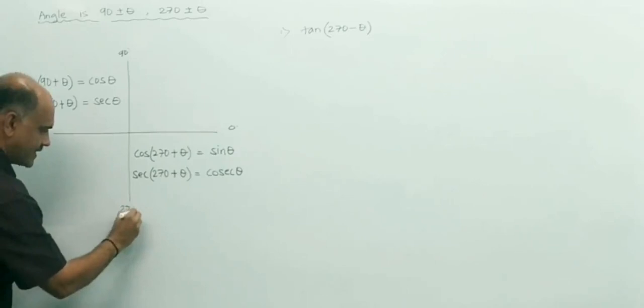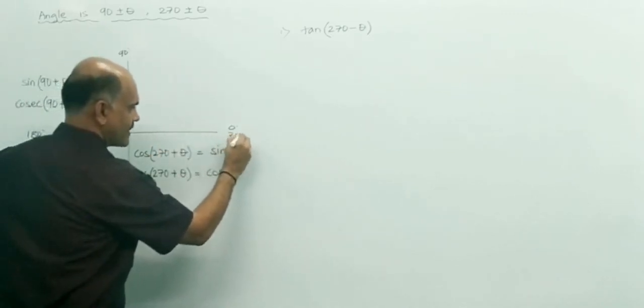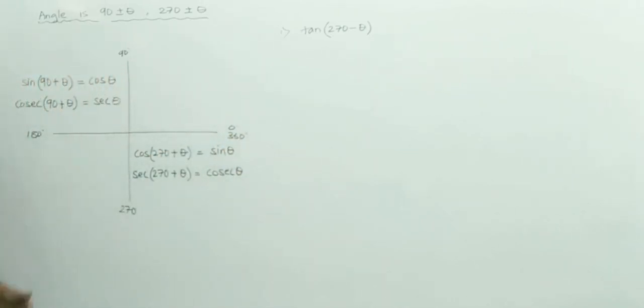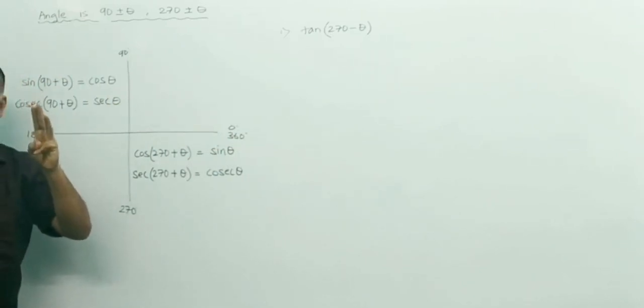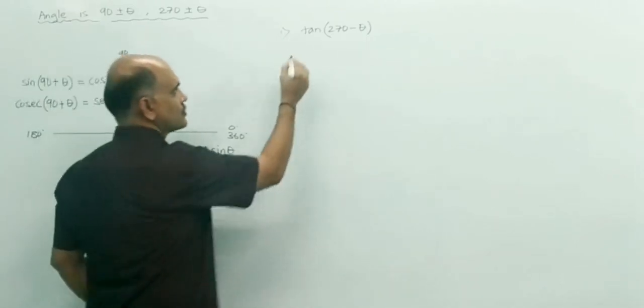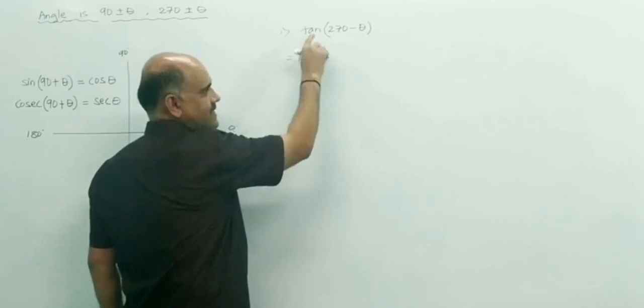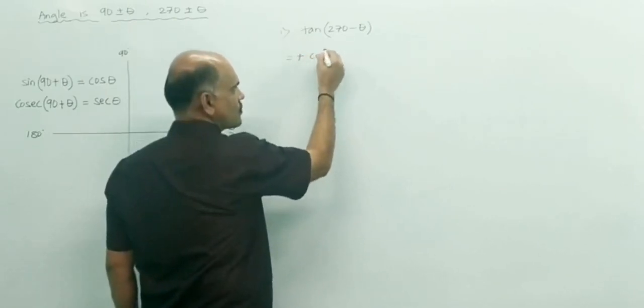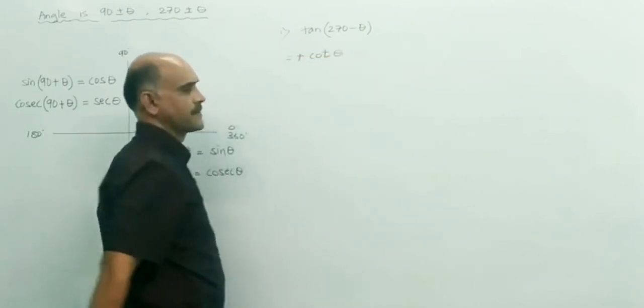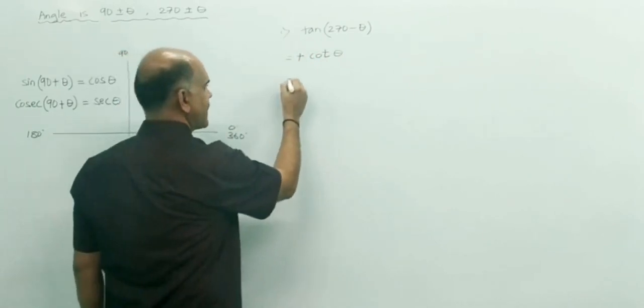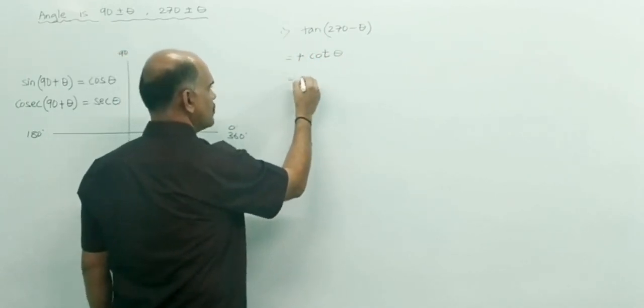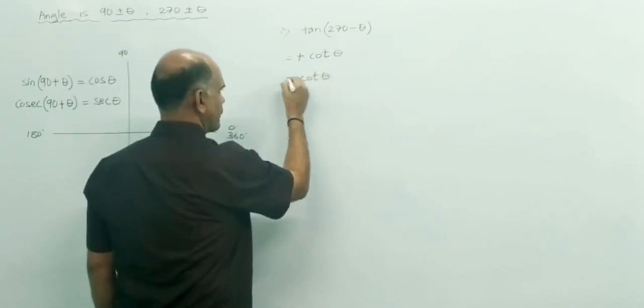Here 270. Again if you come here you will have 360. So 270 minus means in third quadrant. In third quadrant tan is positive, so it will be plus. As 270 is there, tan gets converted to cot theta. So tan 270 minus theta will be equal to cot theta.